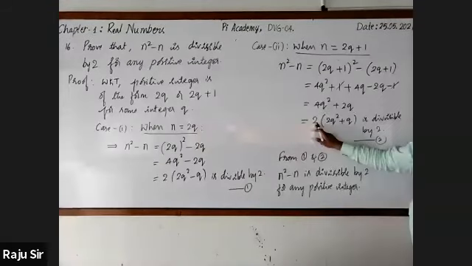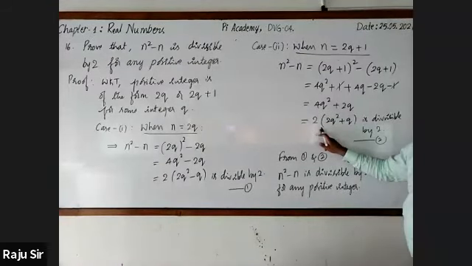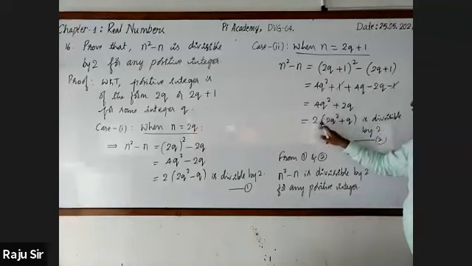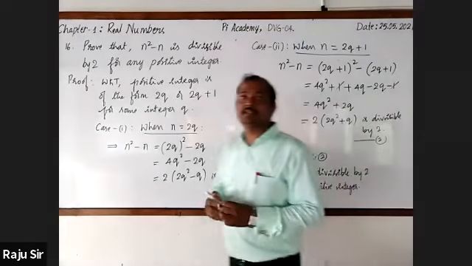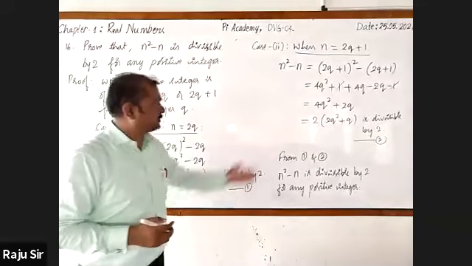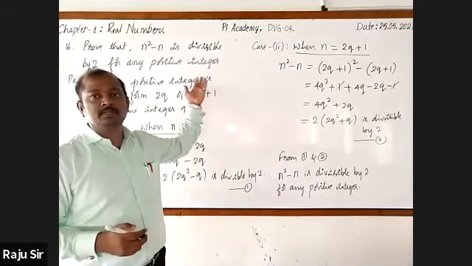Then 2 is a common factor, so it will be 2 into 2q square plus q. As it is a multiple of 2, it is divisible by 2. From statement 1 and 2, the given statement is proved.